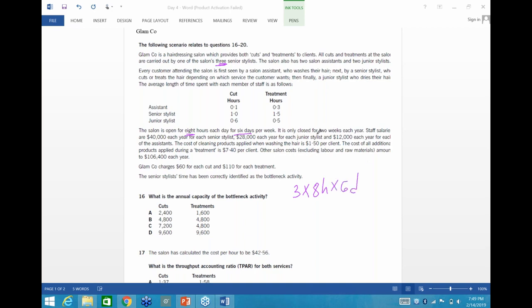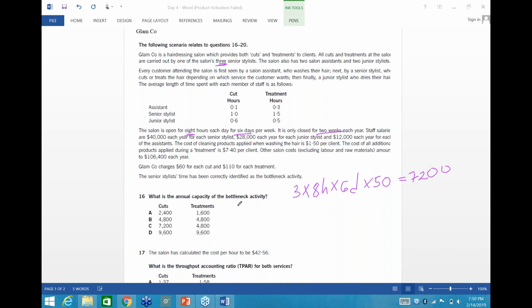If the salon is closed for 2 weeks, we're talking about 50 weeks. So this multiplication gives me an answer of 7,200. So we have 7,200 hours of senior stylist time.